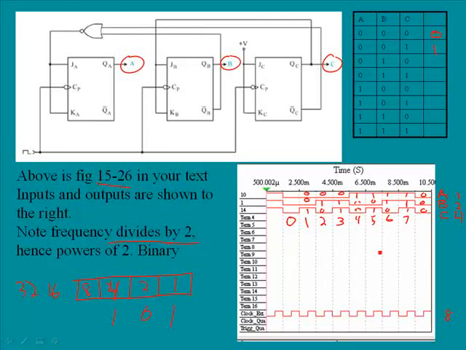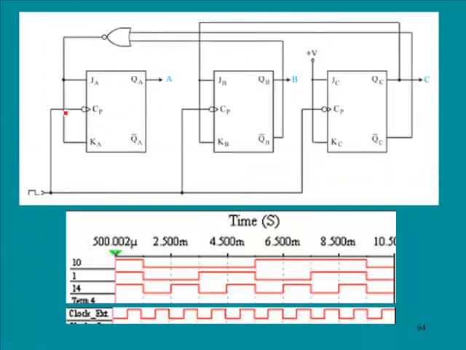Now, we do want to look at how it is that this actually works, because there is a specific methodology that makes that process happen. So on this particular screen, I've taken the same schematic and made it a little bit larger, and I've also taken the timing sequence and enlarged it a little bit as well. So let's review a little bit here.